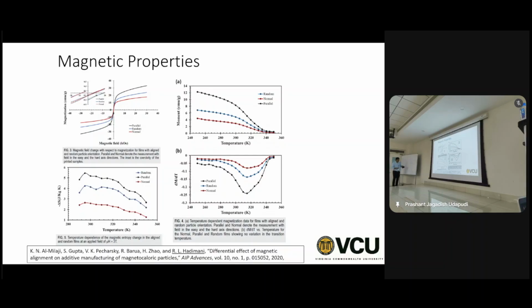So if I, for example, do the magnetic property measurement on this, if I apply field here and measure the magnetization, the a-axis will look like this. So not the a-axis, this is the b-axis, whereas c will look like this.